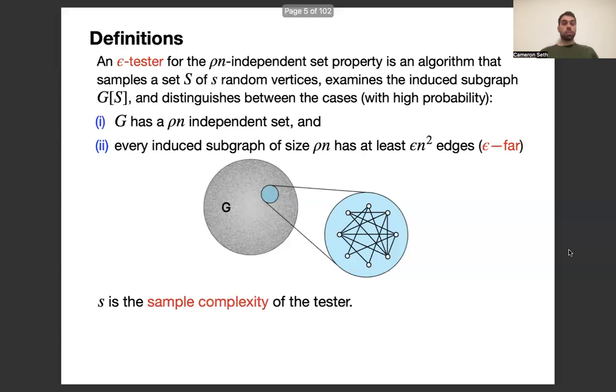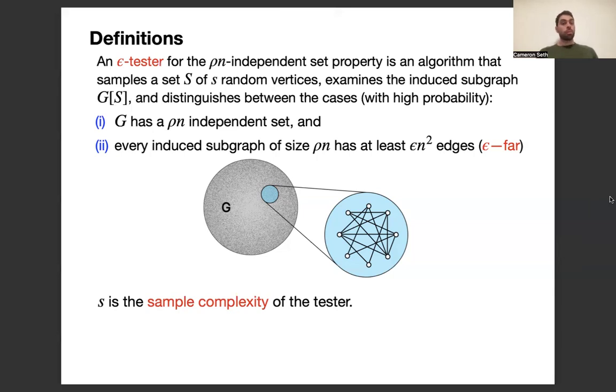So let's add some definitions to this. We'll say an epsilon tester for the rho n independent set property is an algorithm that takes a random sample of S vertices, looks at the induced subgraph, and can distinguish between these two cases. And we'll call the second case the epsilon far case.